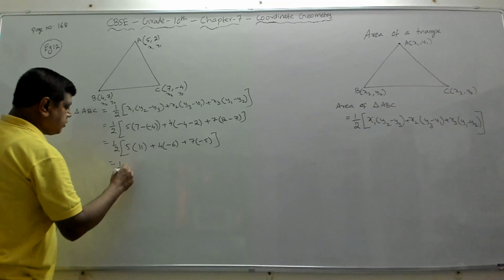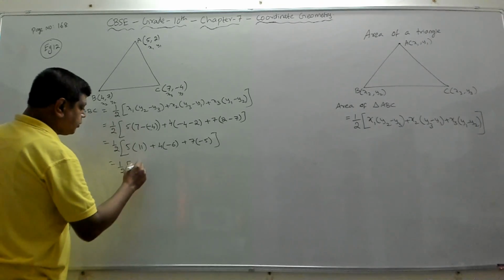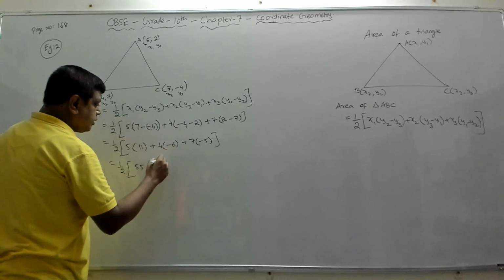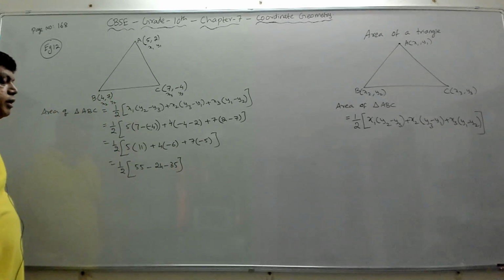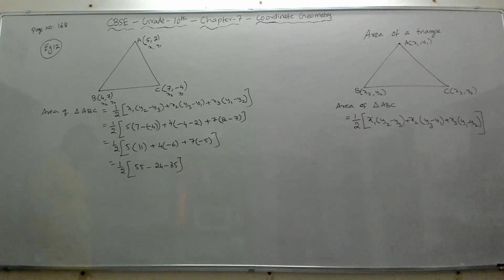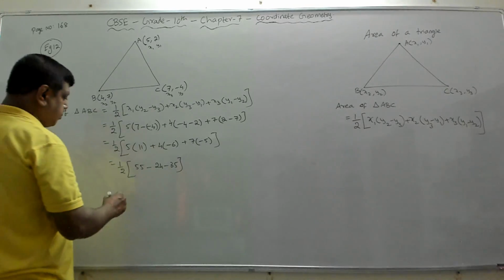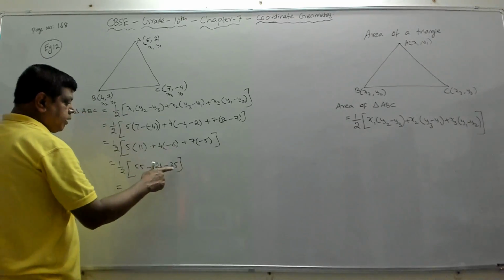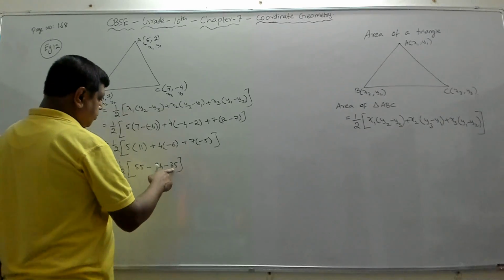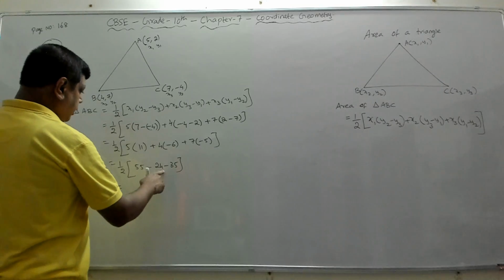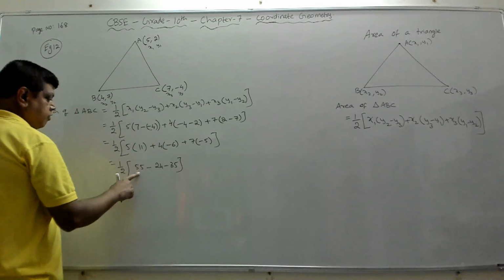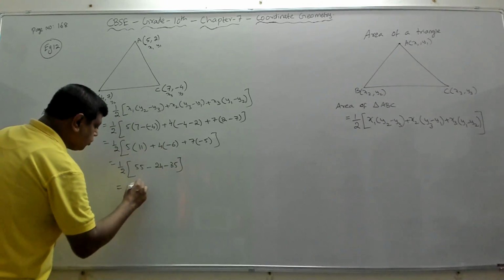Now if you simplify this, you get 1/2 of 5 into 11 is 55, minus 24, minus 35. If you subtract them, 24 plus 35 is 59. So 55 minus 59 is minus 4.